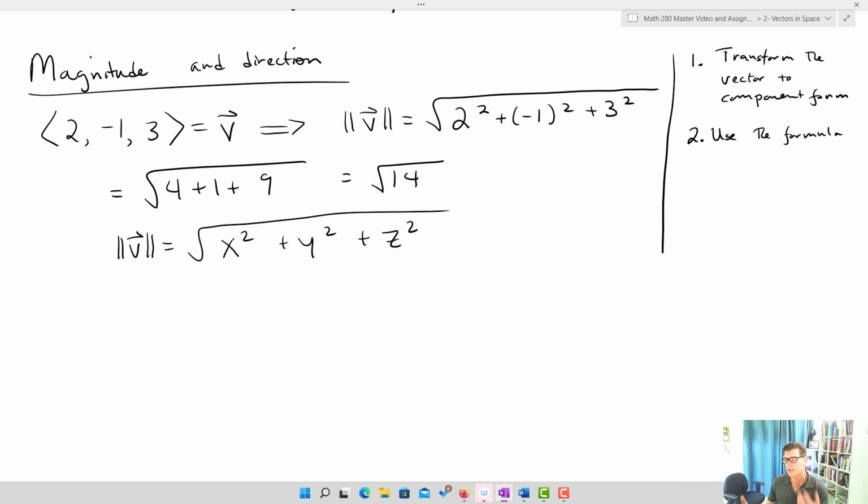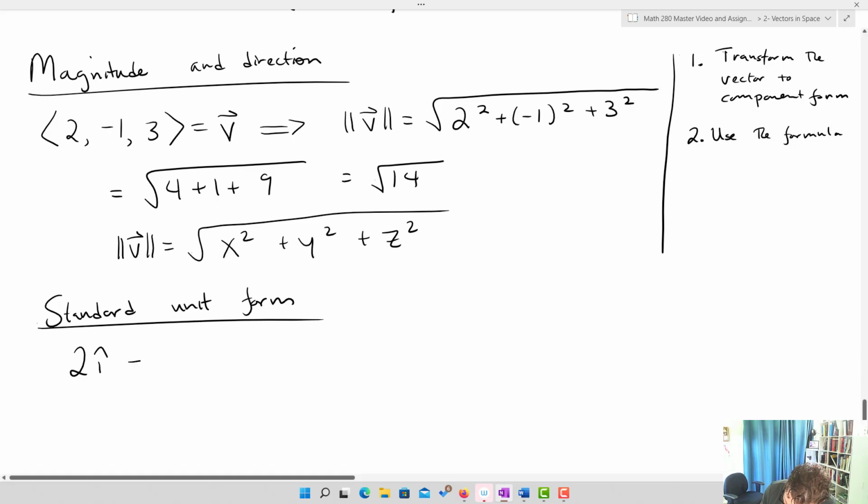Now we can also do this when we're looking at a vector in standard unit form. You're probably a little bit ahead of me, probably thinking to yourself, my goodness, if all of vector calculus is this easy, I'm good to go. So let's say I've got 2i minus j plus 3k.